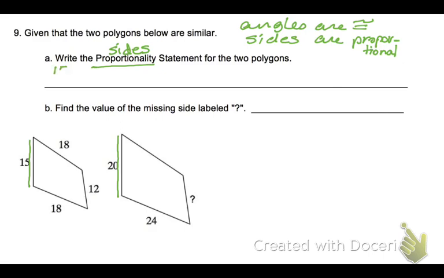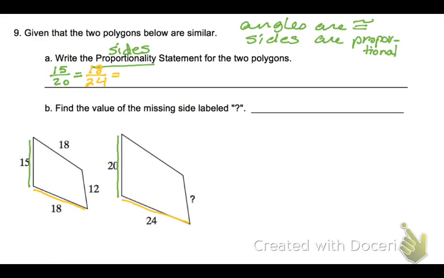ratio 15 over 20. Okay, change colors. Okay, 18 over 24. Now, we don't know what this line is.